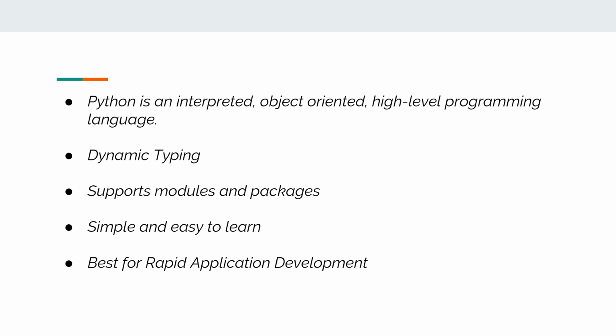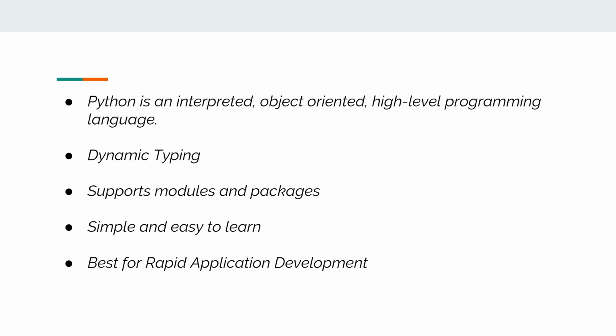And if I have to talk about Python, it is an interpreted language. We'll talk about why it is called an interpreted language when we start writing simple Python code. It is also object oriented. You might have heard about object oriented programming, correct? And it is a high level programming language.